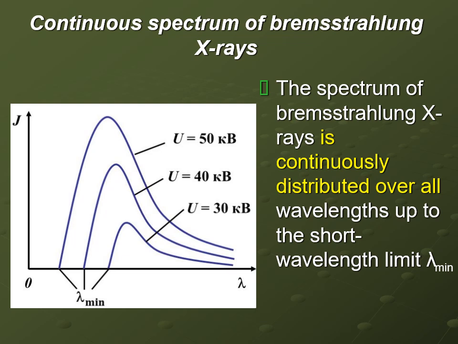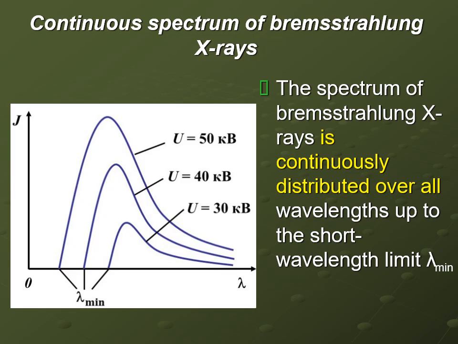Our X-ray spectrum is continuously distributed over all wavelengths, starting from the shortwave boundary of the spectrum, lambda minimum. Depending on the voltage, we see that the shortwave boundary of the spectrum will have different values.